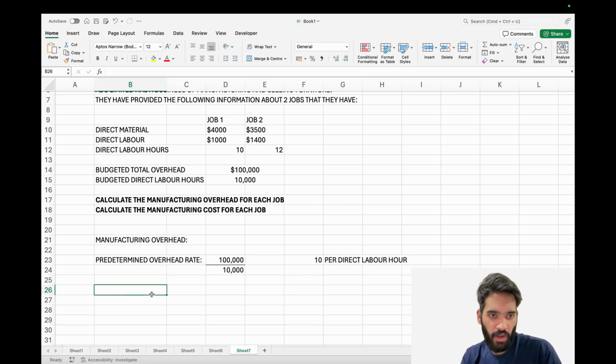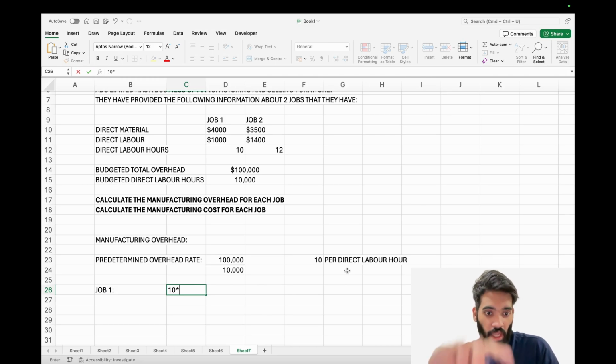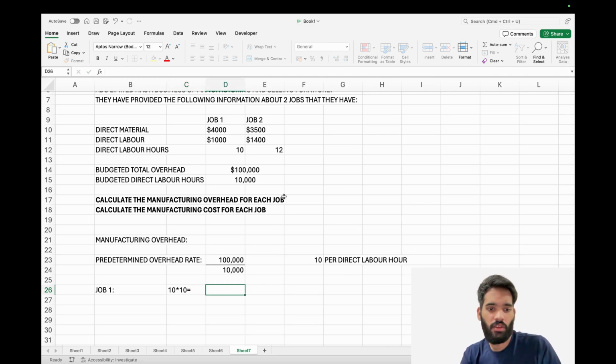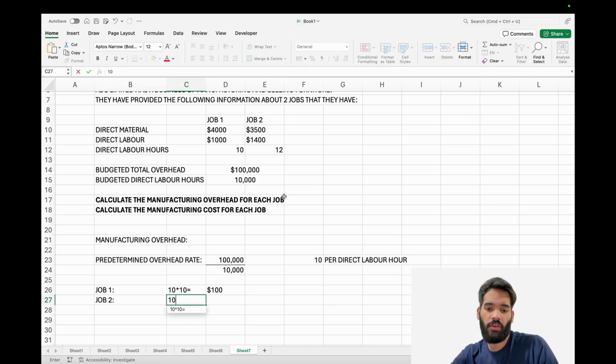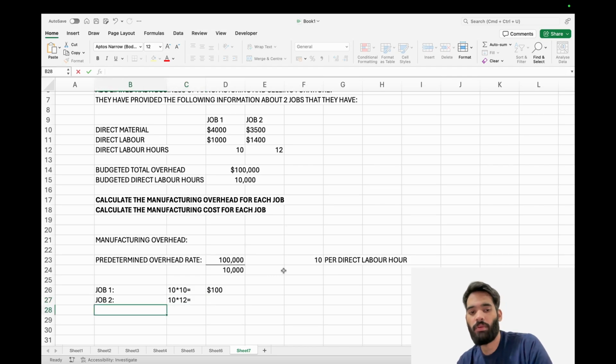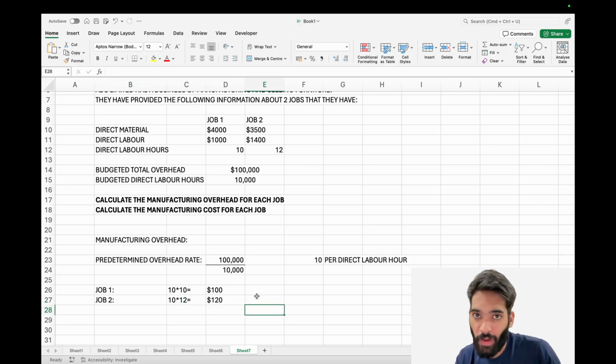For job 1, I can do 10, the per hour rate, times the 10 hours I actually used. That means job 1 used $100 in overhead. Job 2 will be 10 per hour multiplied by 12 hours, so this will be $120. Now we have found the overhead for each job.